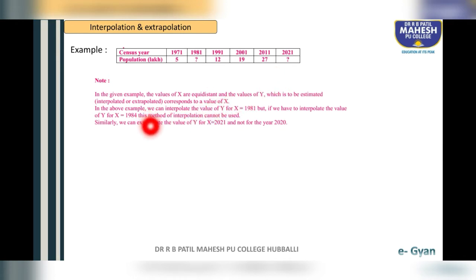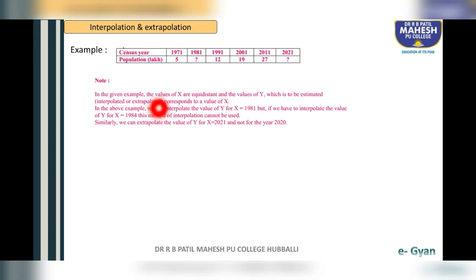See here, students, the important note: in the given example, the values of x are equidistant. There is a 10 year gap: 1971, 1981, after that 1991.